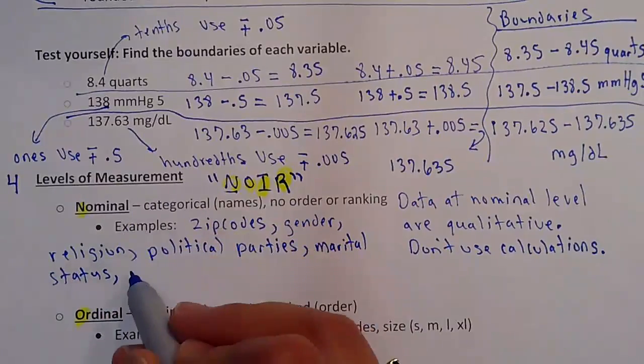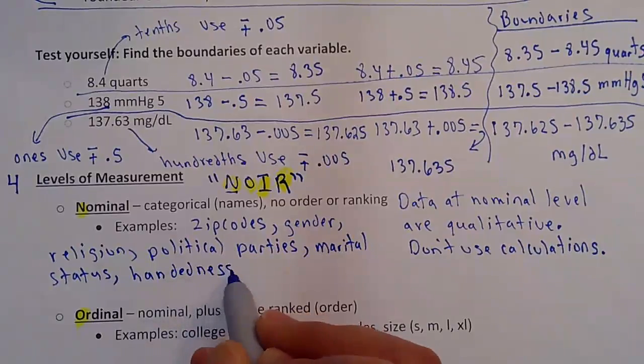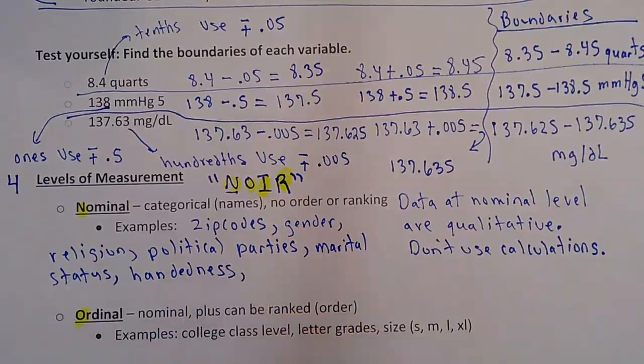Then I have handedness. Some people are either right-handed or left-handed, and then some people are both, ambidextrous, where they're both right-handed and left-handed, right? In statistics, oftentimes they will poll people and they talk about handedness.